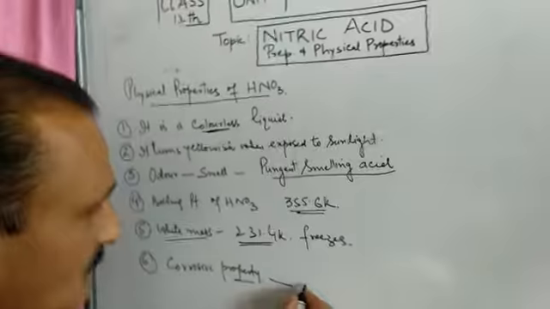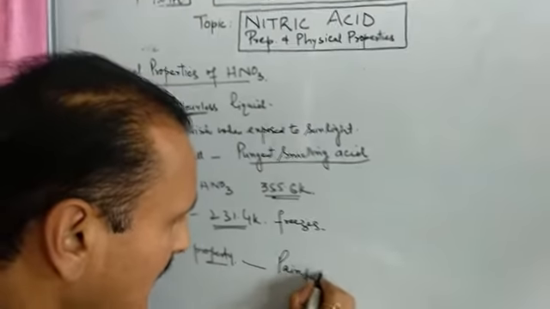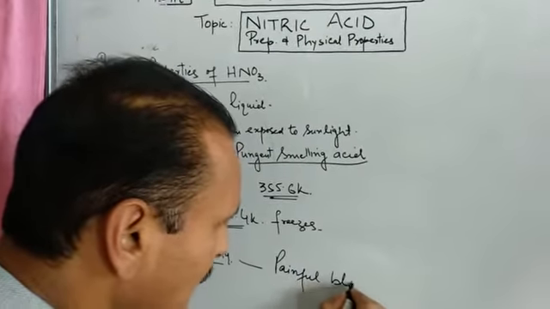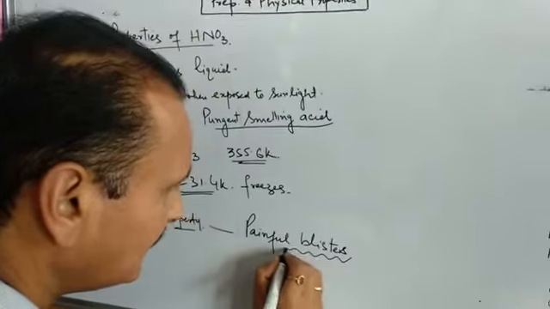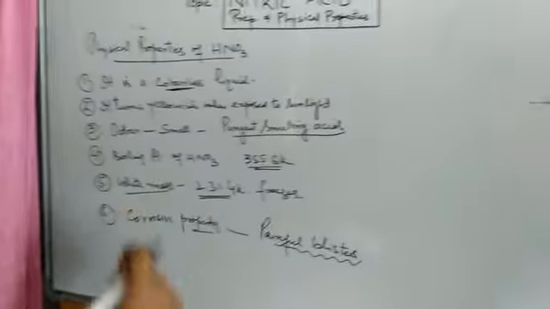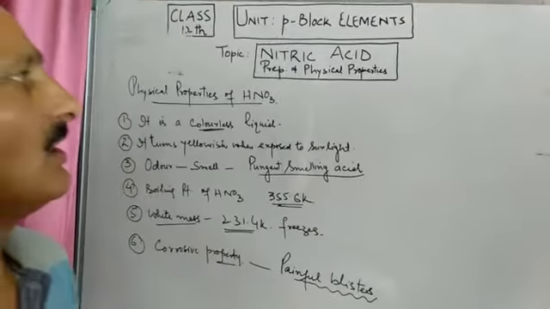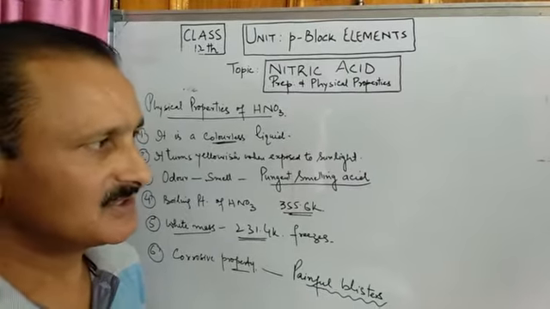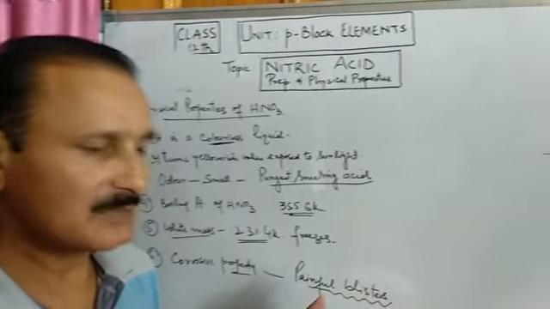It causes painful blisters. Painful blisters are formed on the skin if this acid is accidentally poured on your skin. So these are some of the physical properties of nitric acid.